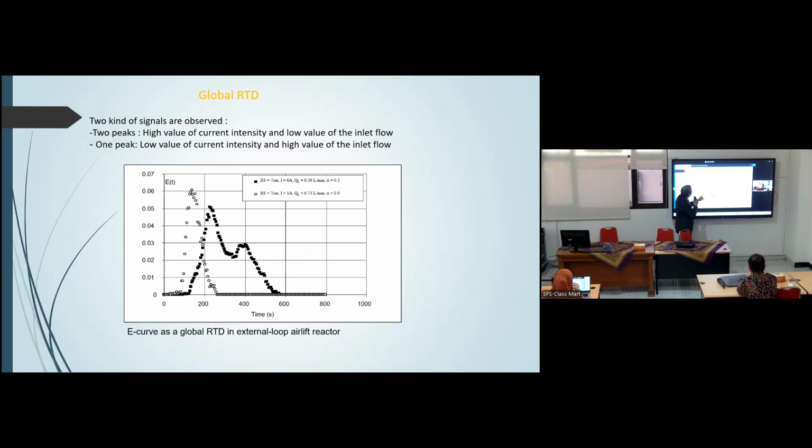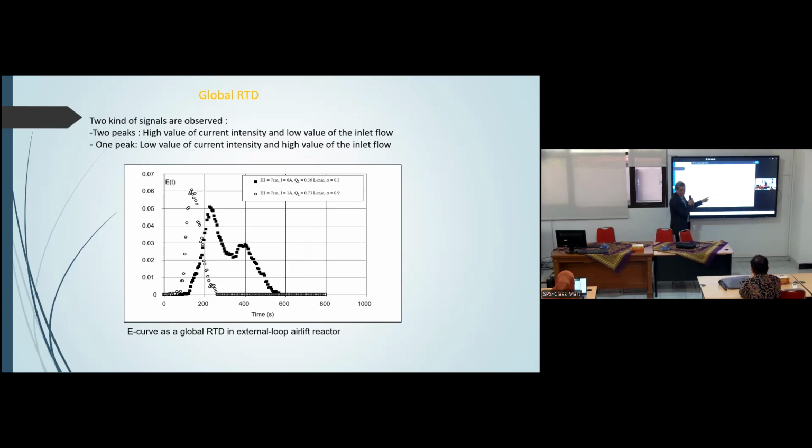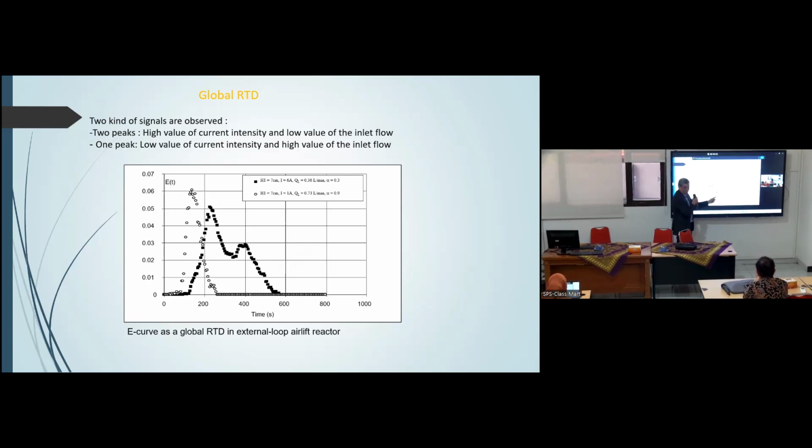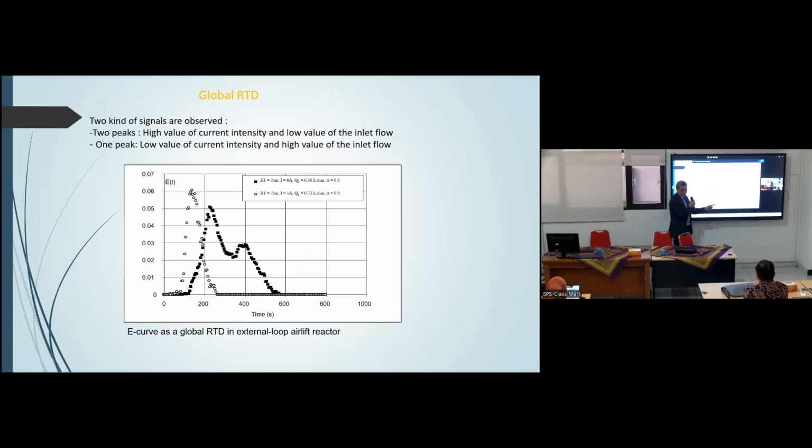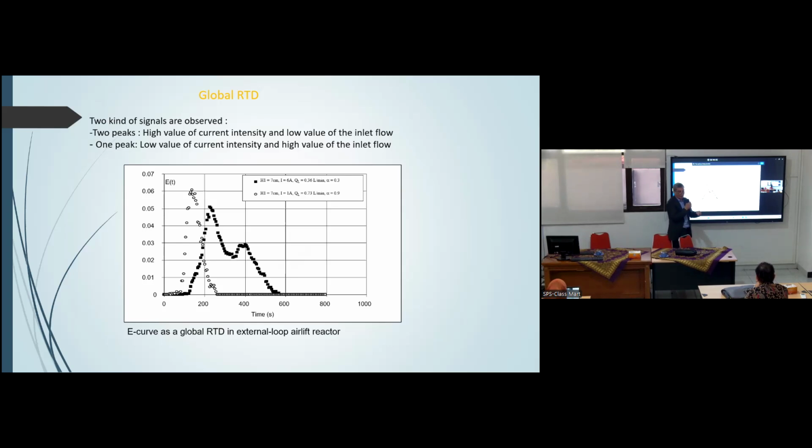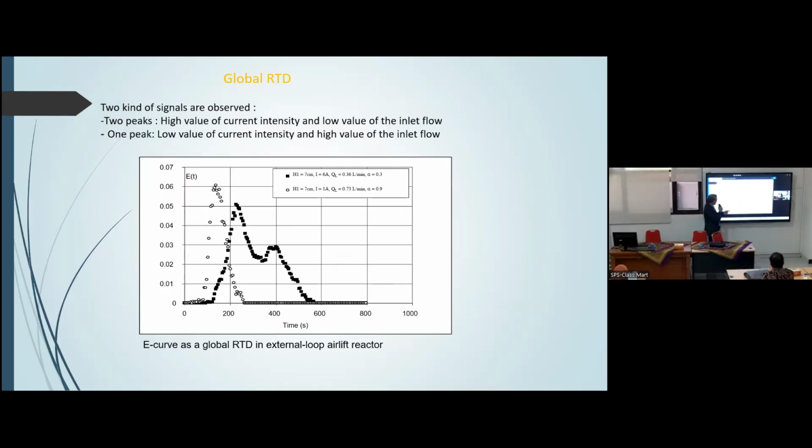And we have two behaviors. In the first, we have only one peak. In the second, we have two peaks. That means that when I put the tracer, the first gives one loop, and for this one we have two loops, the first one and the second one.